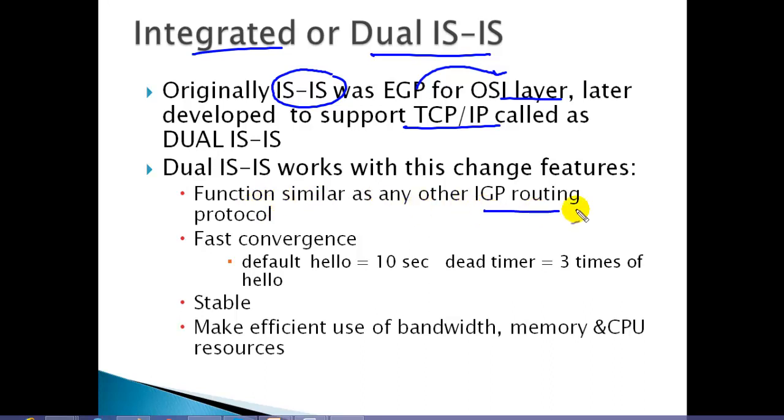It functions similar to a normal IGP protocol, just like OSPF, and supports much faster convergence when compared with OSPF. By default it sends hello every 10 seconds, and the default dead timer is 30 seconds, which means always 3 times your hello. It's a more stable protocol similar to OSPF, which efficiently utilizes your bandwidth, memory, and CPU resources.